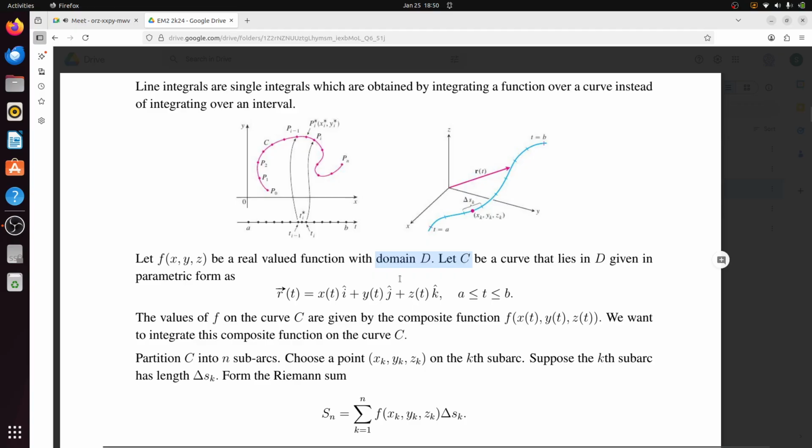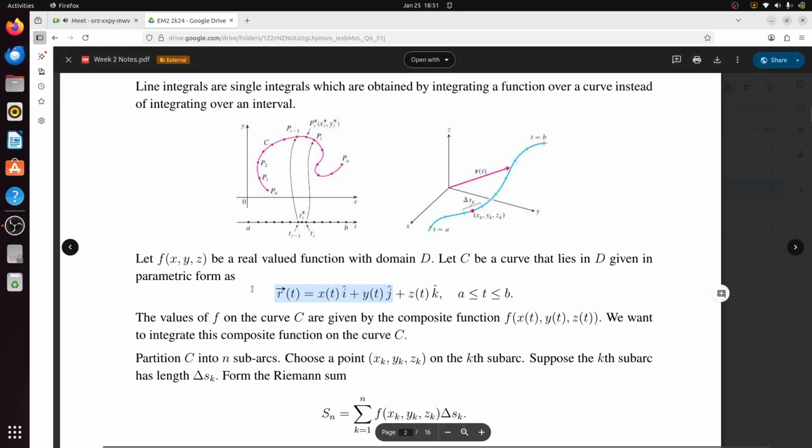This x(t), y(t), z(t) is the evolution of the coordinates with respect to time t. For example, if I consider the 2D plane, r(t) = x(t)i + y(t)j. Please listen carefully to the question.